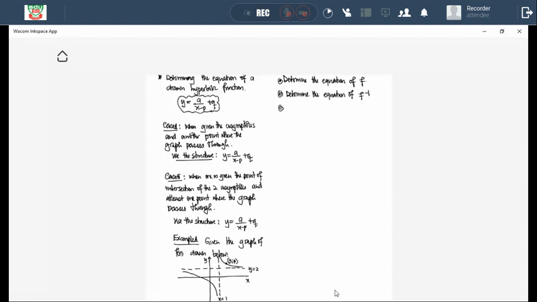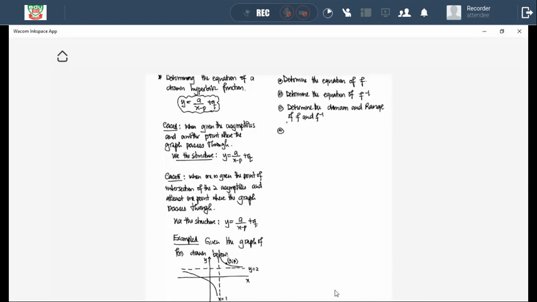Then the last one says determine the domain and range of f and f inverse. We did that in the previous lessons. Okay, right. I'm going to start with the first one.